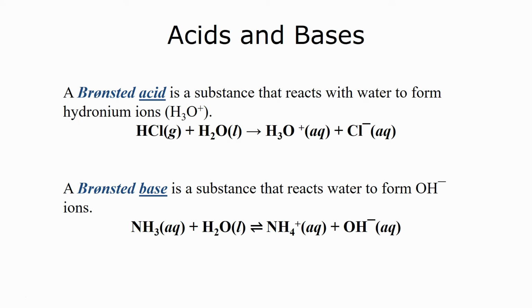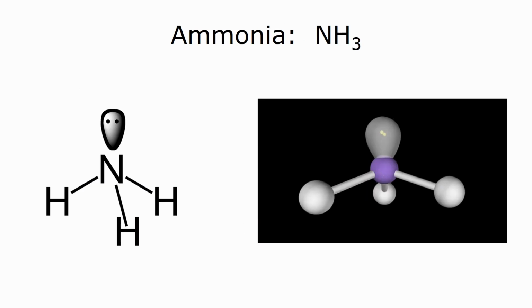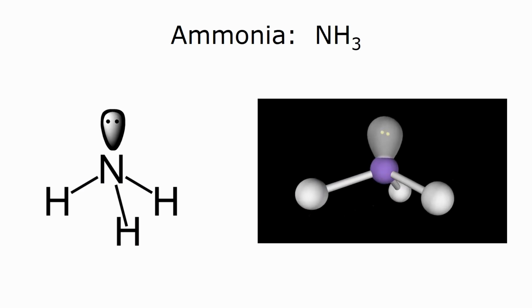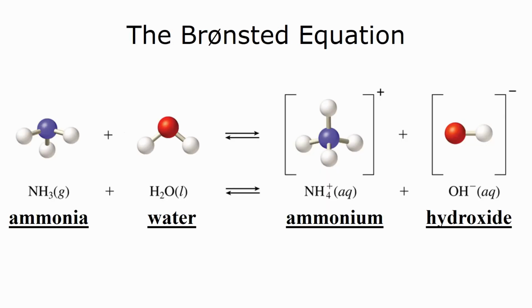Now to understand how ammonia does this, we need to take a look at the structure for ammonia. Remember that ammonia is a tetrahedral compound with a lone pair. It's this lone pair on ammonia that will rip off a hydrogen from water, producing ammonium and hydroxide. But this isn't the only example of a weak base.